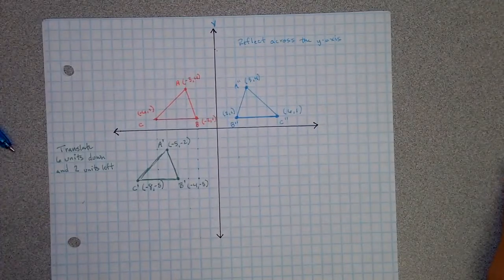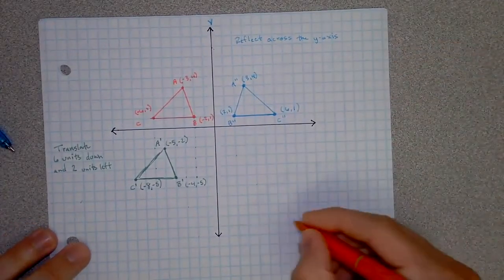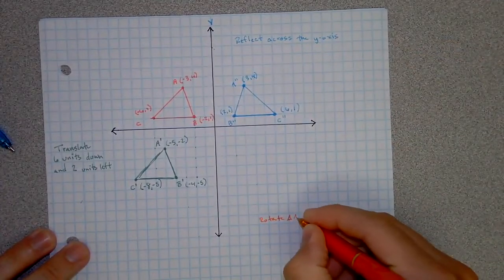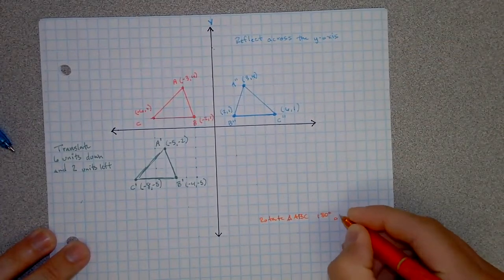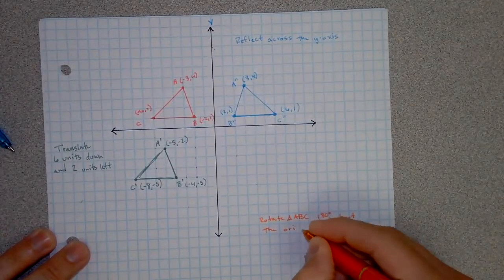Running out of colors. Orange? Sure. Okay, let's say we want to rotate triangle ABC 180 degrees about the origin.